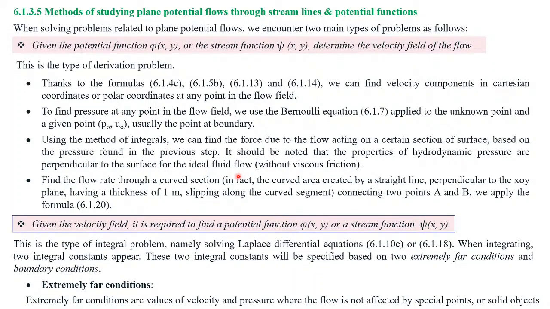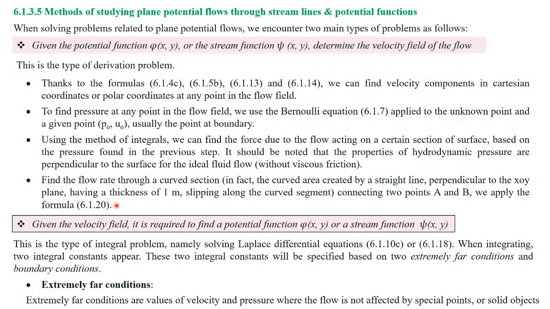It should be noted that the hydrodynamic pressure is perpendicular to the surface for the ideal fluid flow without viscous friction, because we consider the ideal fluid flow. Therefore, the hydrodynamic pressure is normal to the surface.